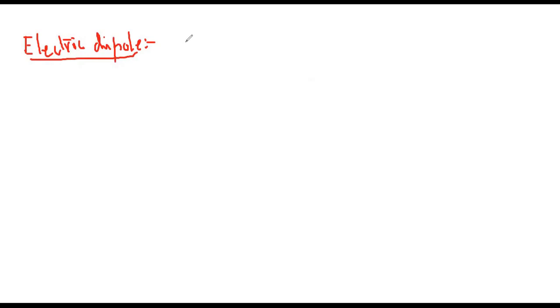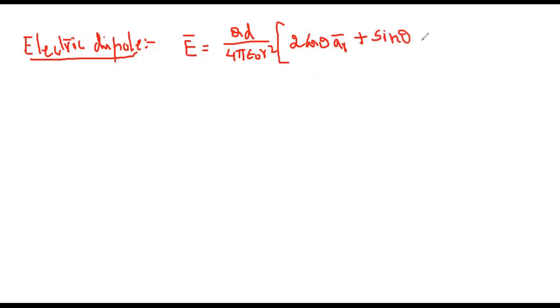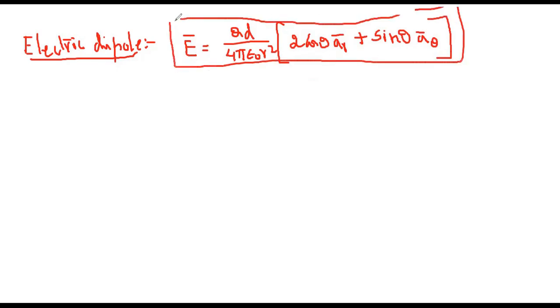The electric field intensity E bar for the electric dipole is equal to QD by 4 pi epsilon naught R cube into 2 cos theta AR bar plus sin theta into A theta bar.